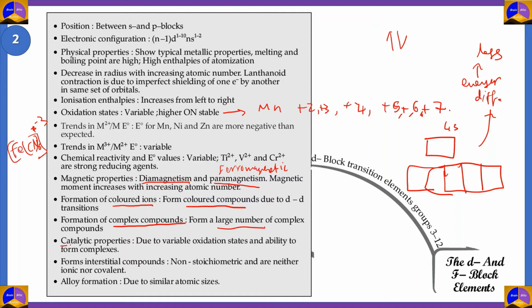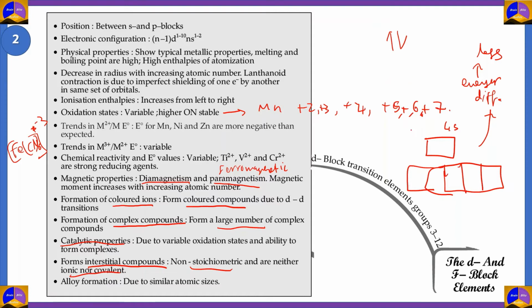Then we have catalytic properties. We constantly use d block elements as catalysts due to their variable oxidation states and their ability to form a lot of complexes. These d block elements are also able to form interstitial compounds. These are non-stoichiometric and neither ionic nor covalent.